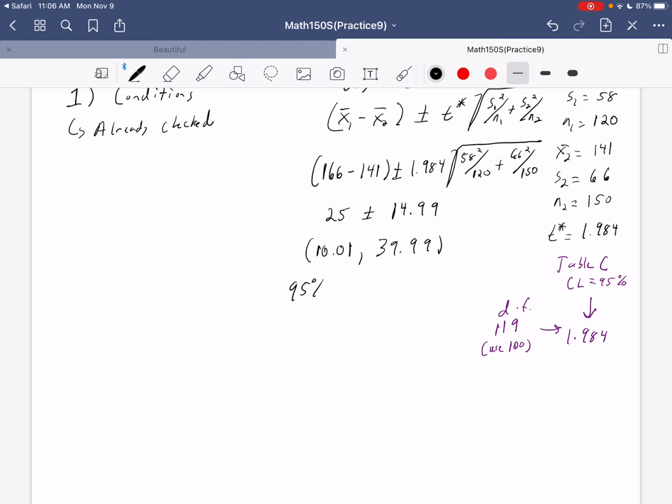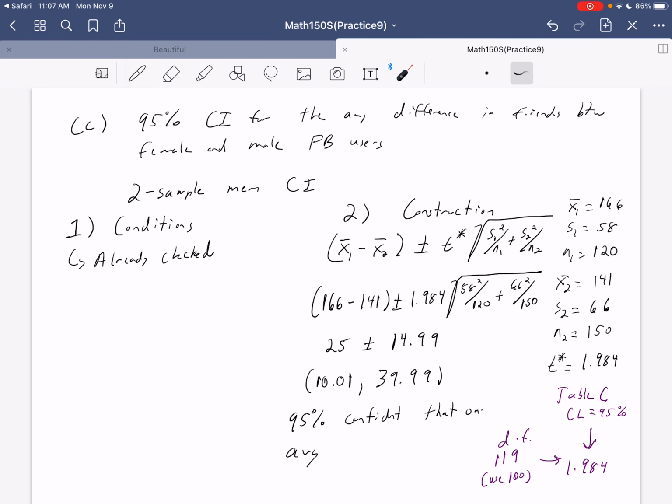We're 95% confident that on average, we could say the difference between the number of friends that female Facebook users and male Facebook users have is between these two values. Or if you want a slightly fancier way, keep in mind what we did is we took the average for females and subtracted the average for males. And these are all positive values.